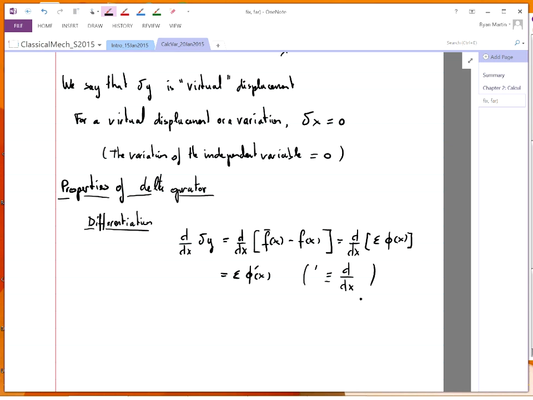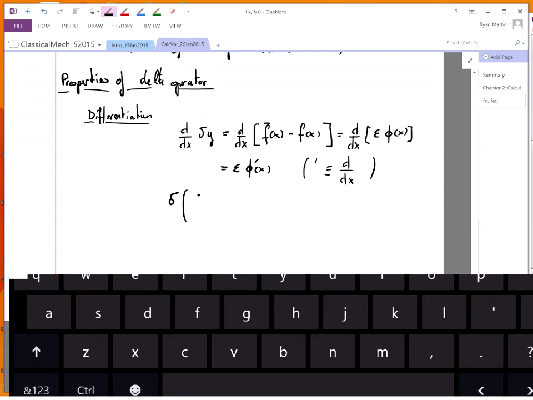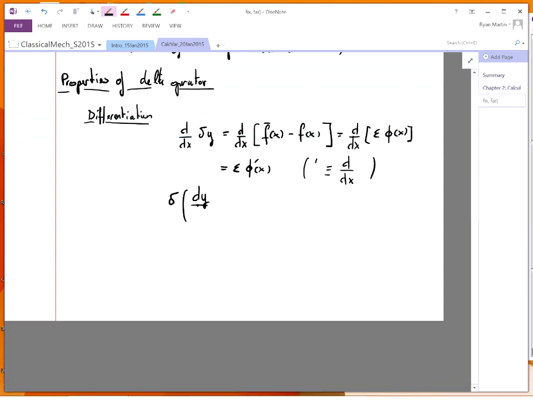So now let's look at the opposite order of operations. So consider the variation of dy by dx. So instead of doing the derivative of the variation, let's look at the variation of the derivative.